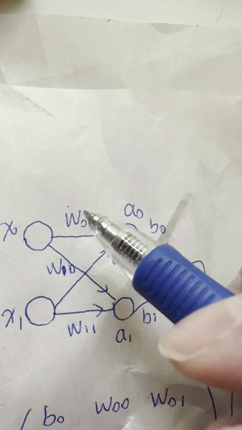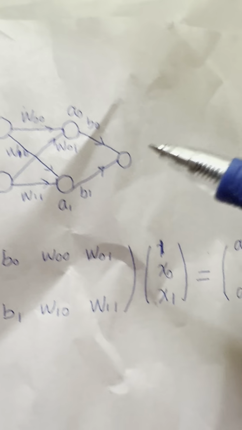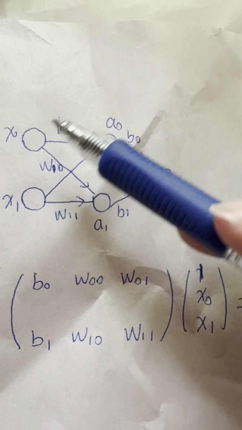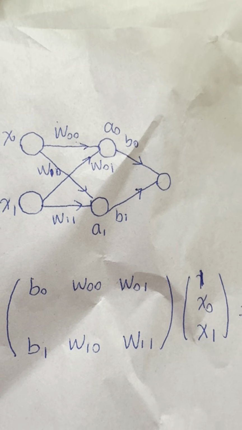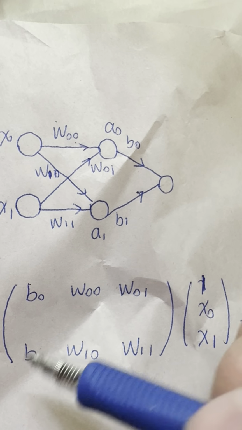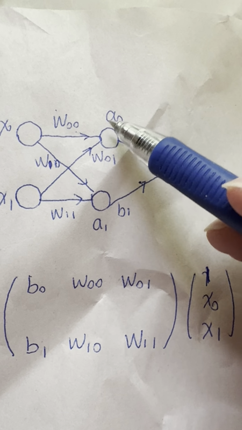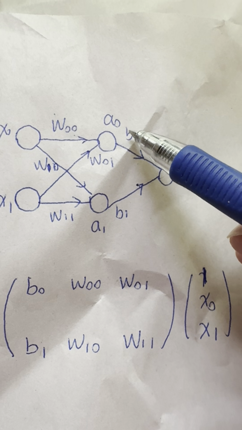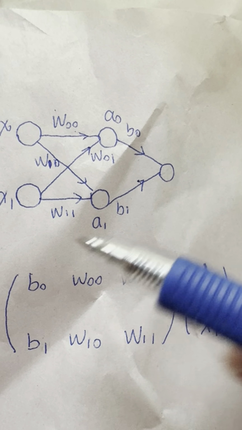If we represent the weights in this way, then we can use matrix multiplication to represent the whole forward propagation process. Basically we can construct a matrix, with B being a constant offset of each hidden layer node. Let's call these offsets B0 and B1.